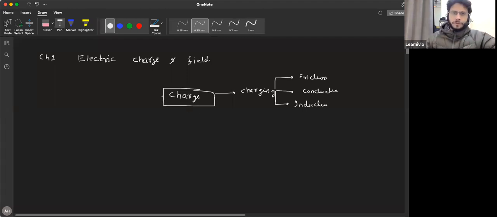Next, we have some properties of charge. We have three properties of charge. The first property is the additive nature of charge.